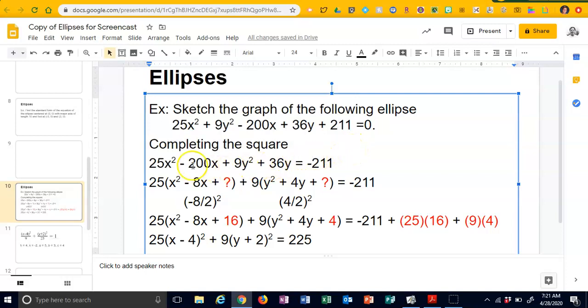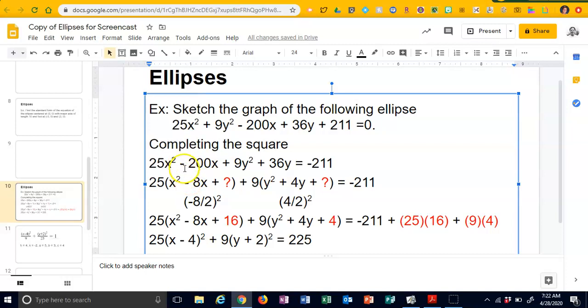Okay? Then focusing on the x stuff, I have a number that's not 1 in front of the x squared, so I'm going to factor 25 out of both of these terms that have x's in them. If I factor it out of the x squared term, I have x squared inside parentheses, because if I distributed the 25 back through, it would hit the x squared and I'd get 25x squared.